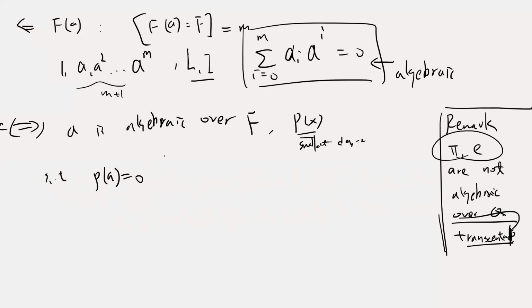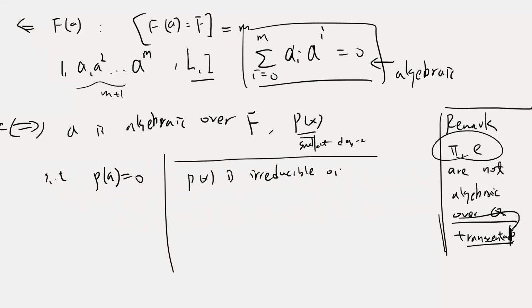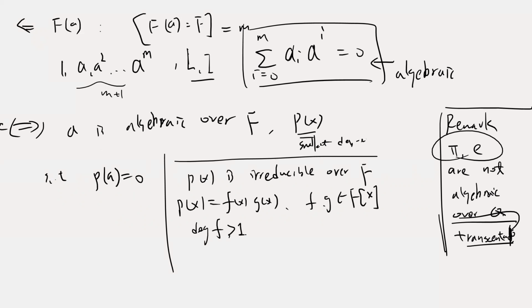Okay, we first claim that P(x) is irreducible over F. Now this is easy, right? Suppose P(x) can be written as f(x) times g(x), where both are polynomials in F[x], and it's reducible, meaning the degree of f is greater than 1 and the degree of g is greater than 1.